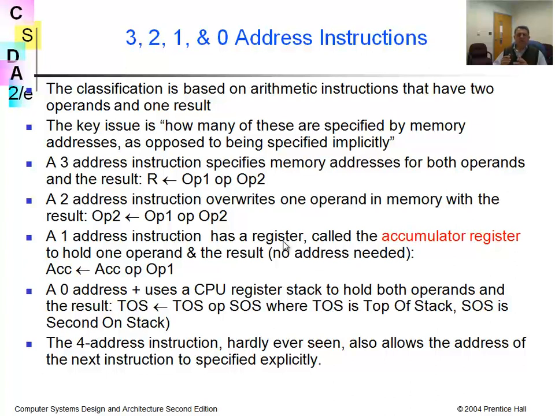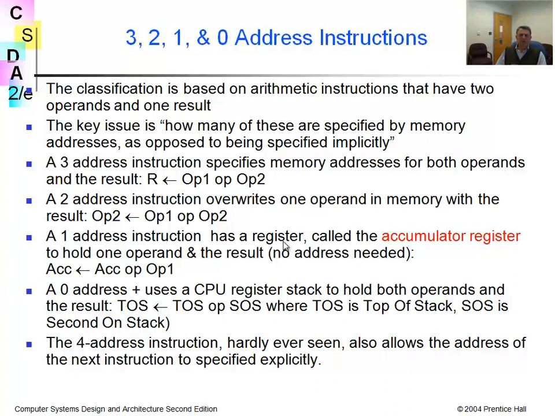This classification is based on arithmetic instructions that have 2 operands and 1 result. Here are those 3 address machines. The key issue is how many of these addresses are specified by memory addresses as opposed to being specified implicitly. So let's take a look.